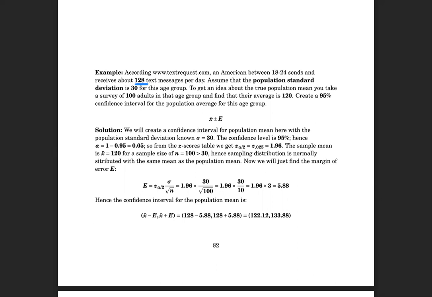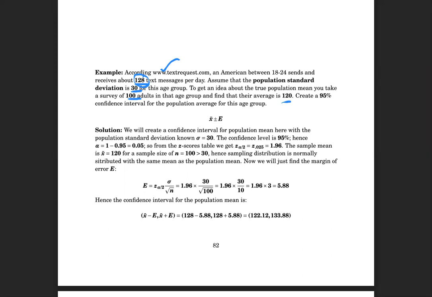Assume that population standard deviation is 30. So this one is a number I got from here, but standard deviation, I made it up. To get an idea about true population mean, you take a survey of 100 adults, okay? And find that their average is 120. Create a 95% confidence interval for the population average for this age group.